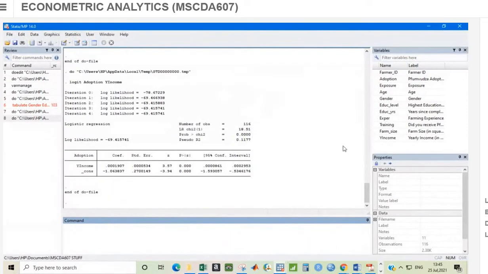So what are we saying here? A unit change in yearly income will cause the log odds of Pumfuza adoption to go up by 0.00197 units. Here we're talking about the log odds.